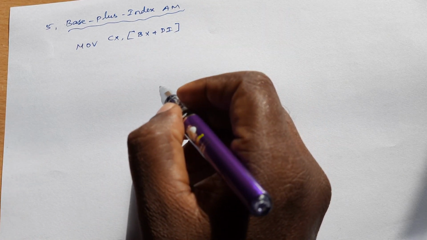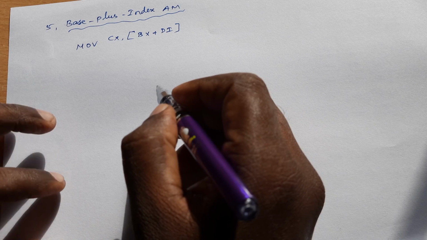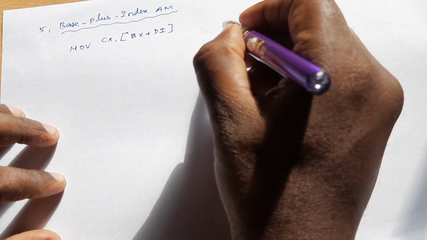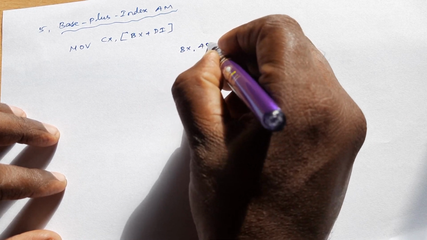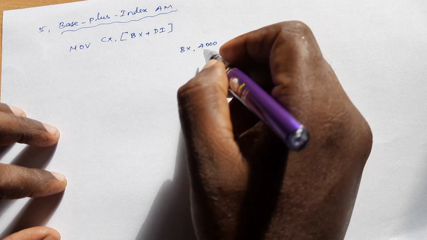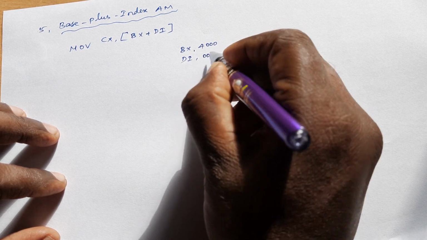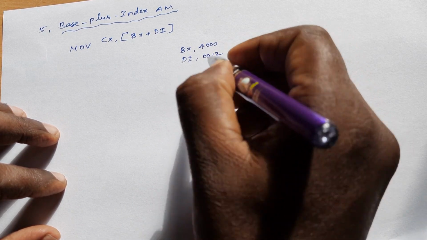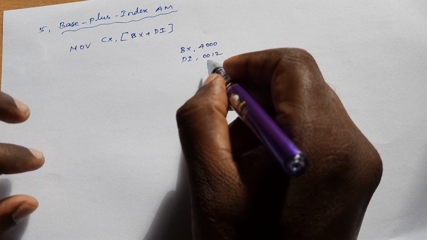See, instead of having one register, we are having two registers. Say BX is going to be the memory location 4000, and DI is going to be something around 0012.